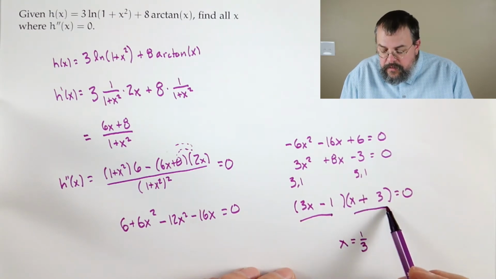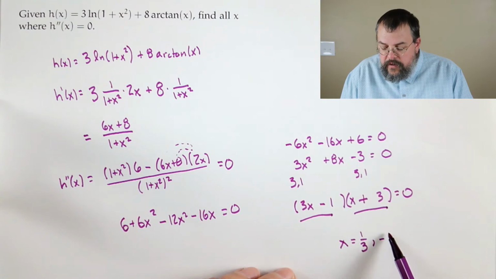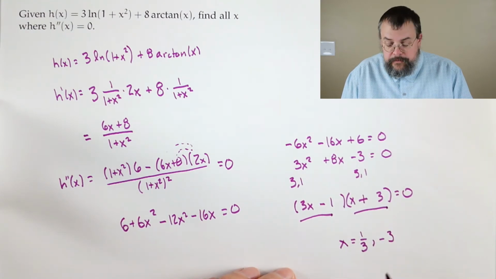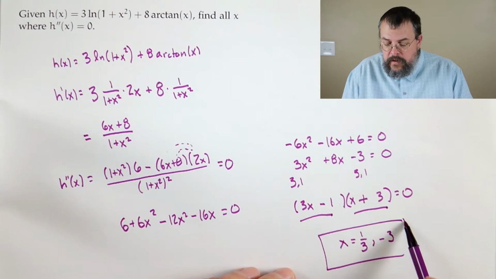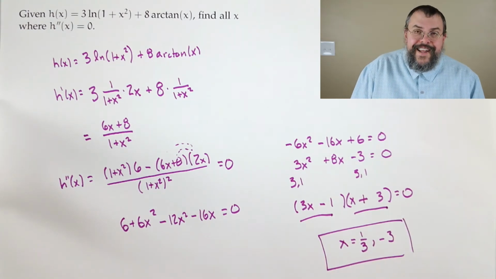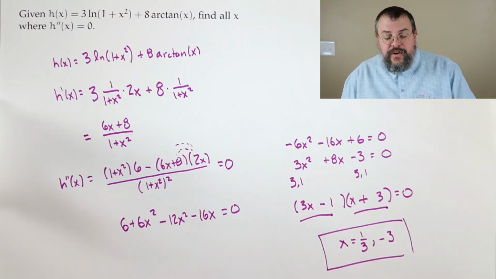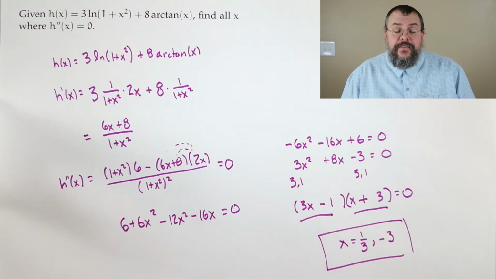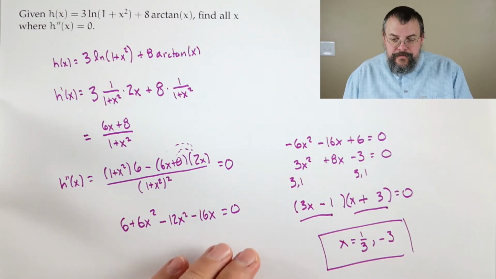When does x plus 3 equal 0? If you subtract 3 across, negative 3. And therefore, at 1/3 and negative 3. Those are the two times where the second derivative equals 0. All right, good problem. Good stuff. Okay, next problem.